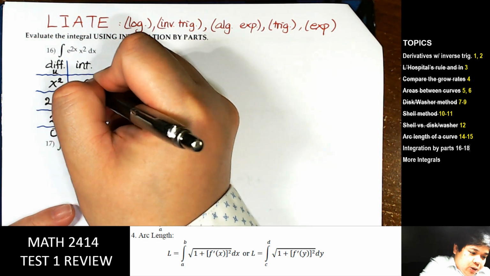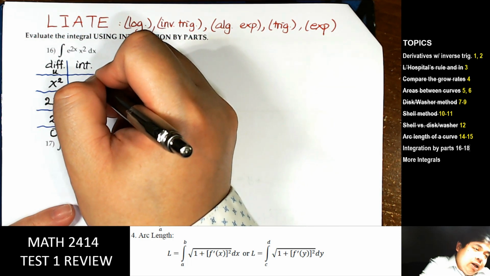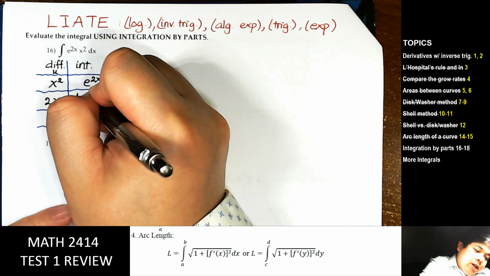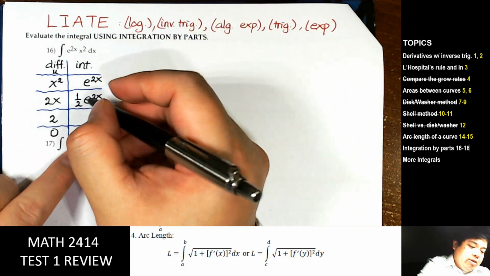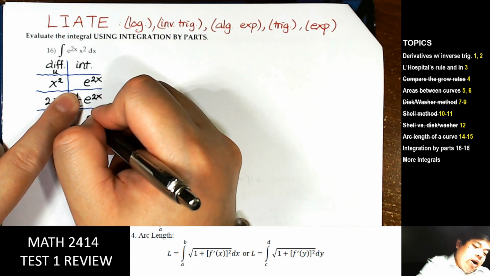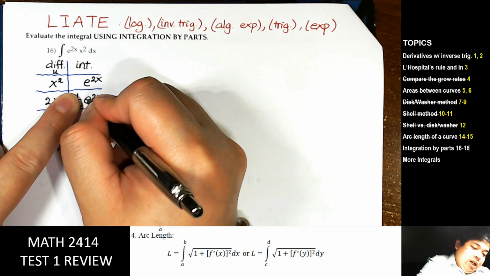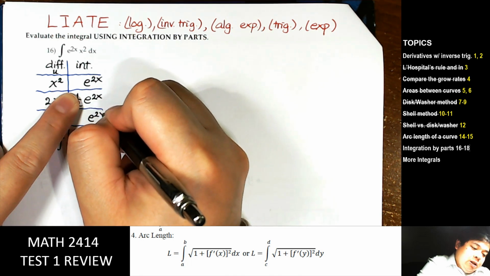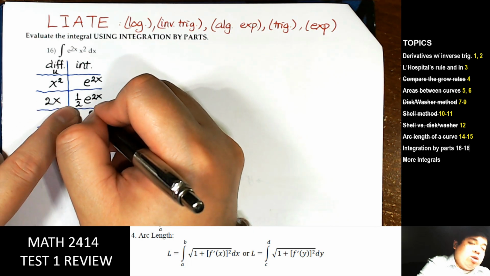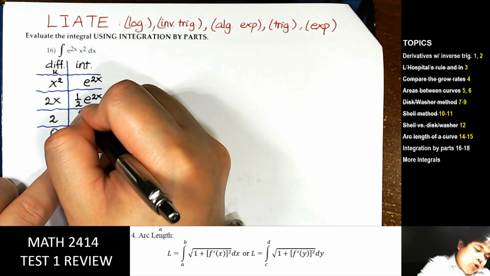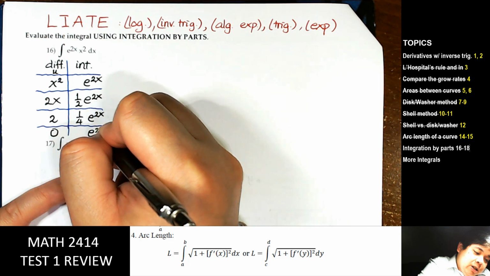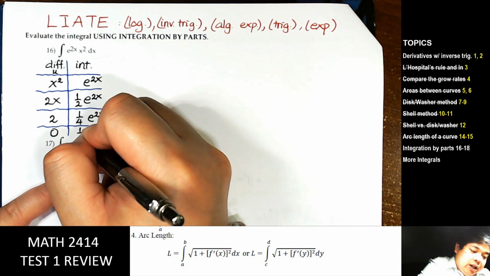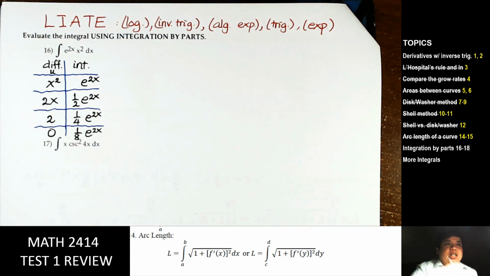Integration of e to the 2x is 1/2 e to the 2x, or e to the 2x divided by 2, and that gives us 1/2. Integrate again, e to the 2x over 2 again, which is 1/2 multiplied by 1/2, so this will be 1/4. Divide by 2 again if we integrate, so 1/8. And then 1/16 e to the 2x, just keep dividing by 2.